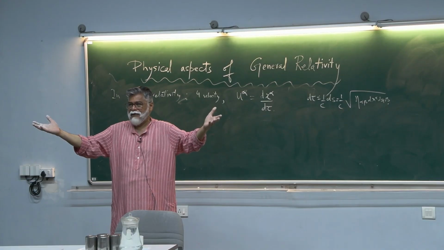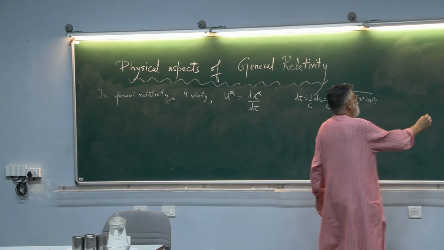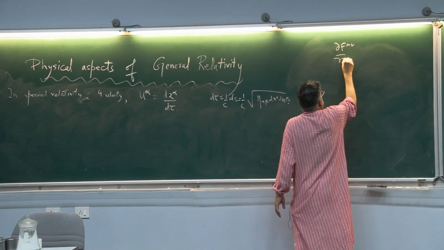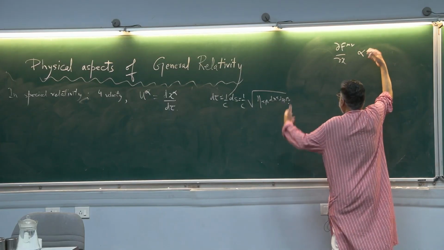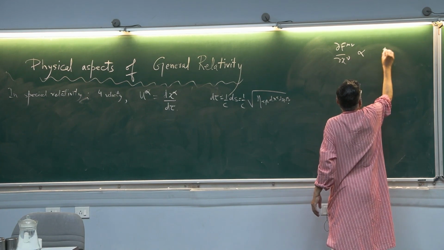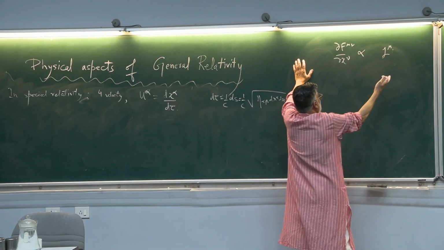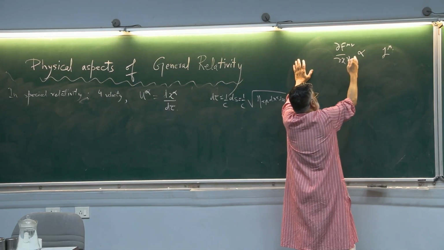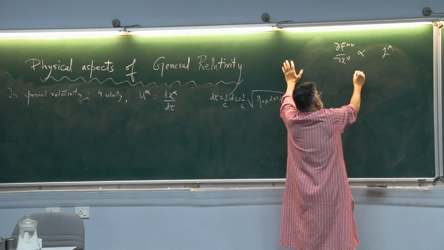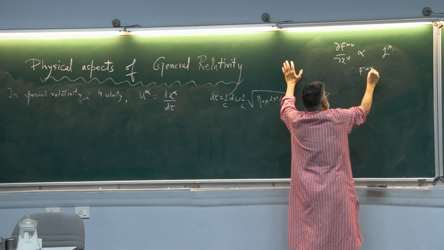So Maxwell's equation in special relativity is simply del F mu nu by del x nu proportional to, 4 pi by c, I always forget, j mu. In curved space-time, mu and nu are no longer special relativity indices; they are general curvilinear coordinate indices, except the formula will be F mu nu semicolon nu.